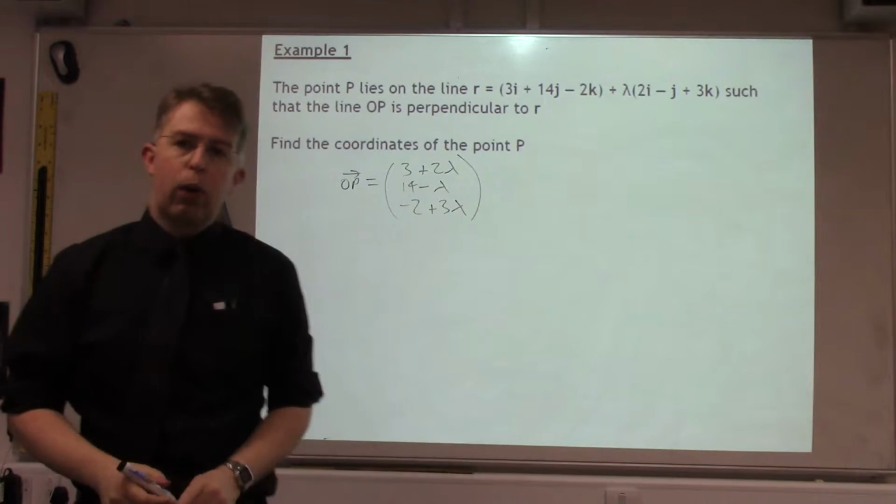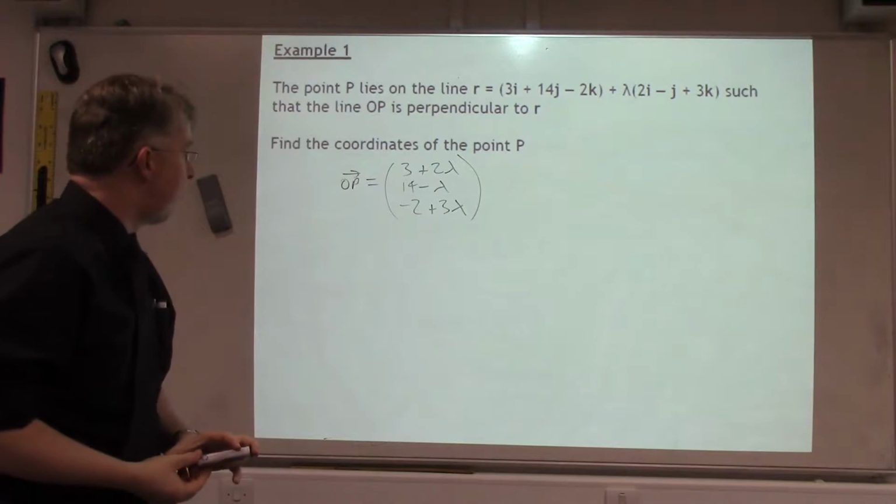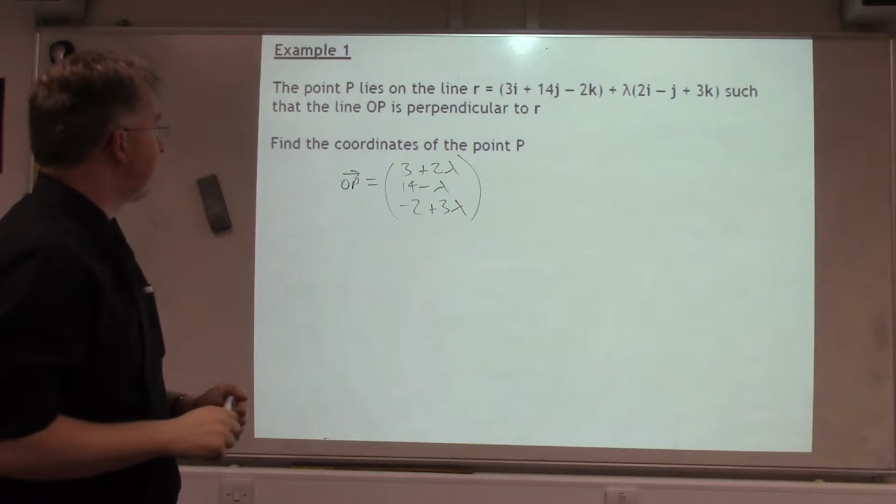So that would be a coordinate for P or a vector for OP.